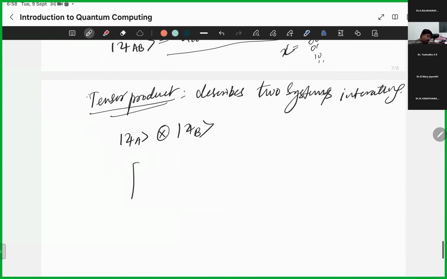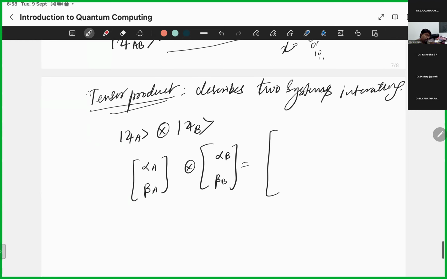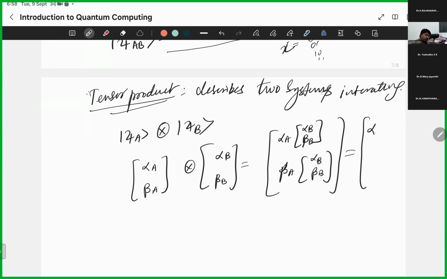So literally, let's say quantum state A is written like this, alpha A, beta A, and quantum state B, alpha B, beta B. Which is going to give me alpha A alpha B, alpha A beta B, beta A alpha B, beta A beta B. So this is what I am generating.